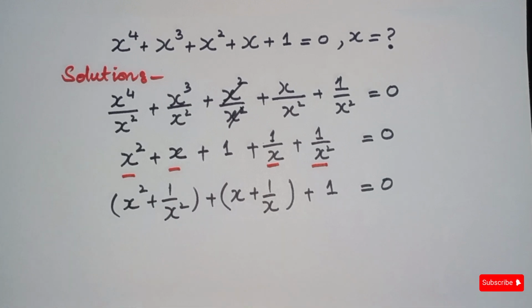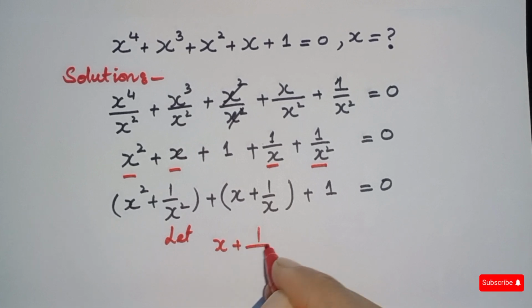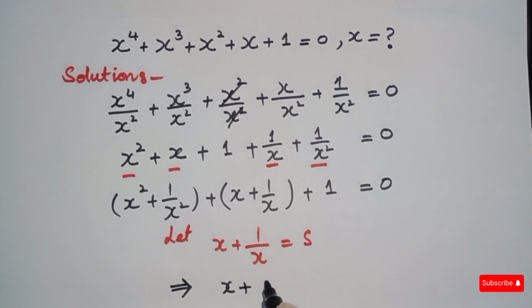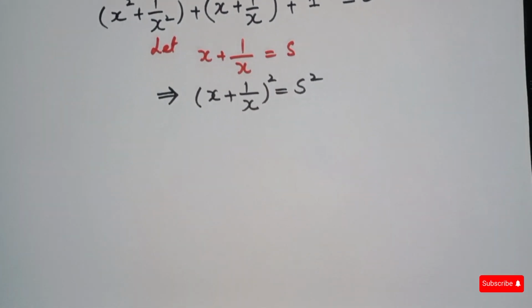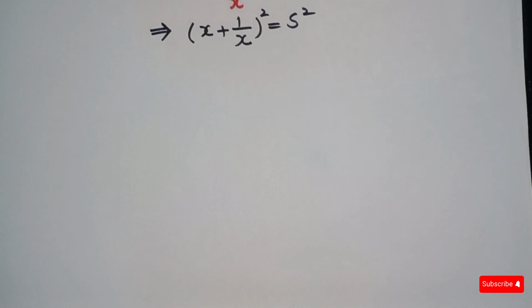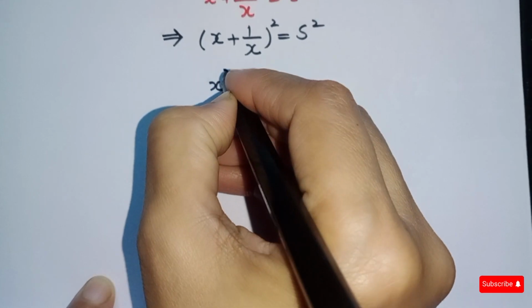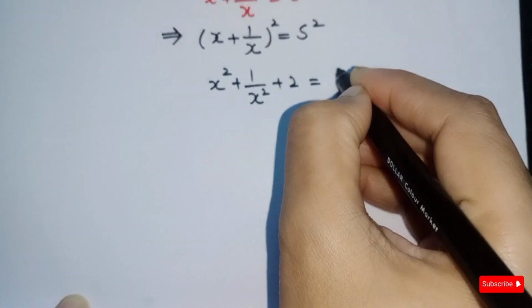Let x plus 1 over x is equal to s. Then this implies that if we take square on both sides, (x plus 1 over x) square is s square, then we will get x square plus 1 over x square plus 2 is equal to s square.